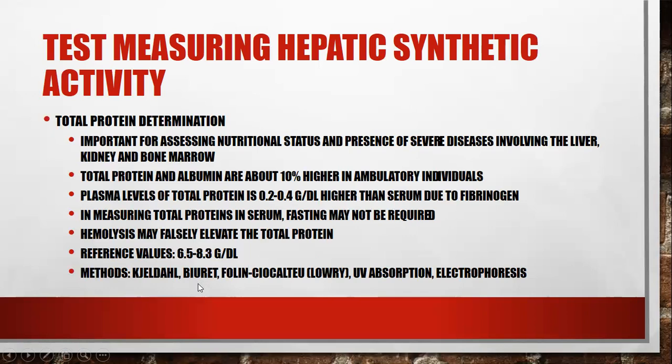Okay, so another method of determining total protein is via the Folin-Ciocalteu or Lowry method. So of these methods that I have mentioned, it has actually the highest analytical sensitivity. So it uses phosphotungstic molybdic acid or phenol reagent and Biuret reagent.